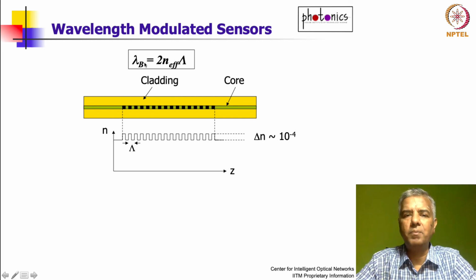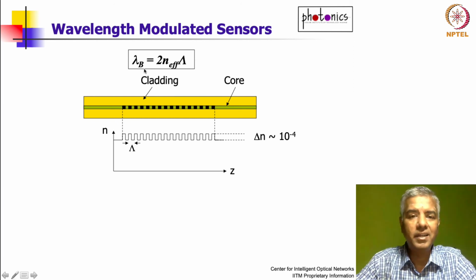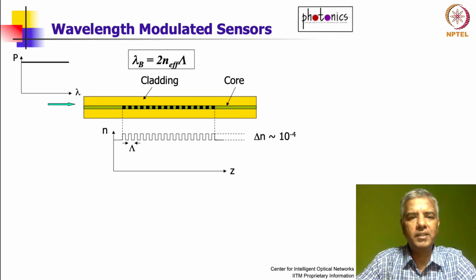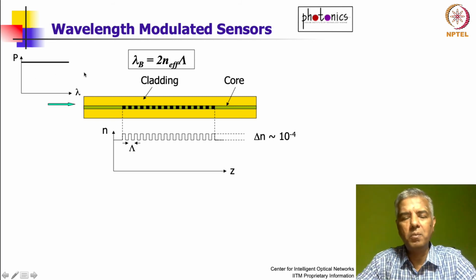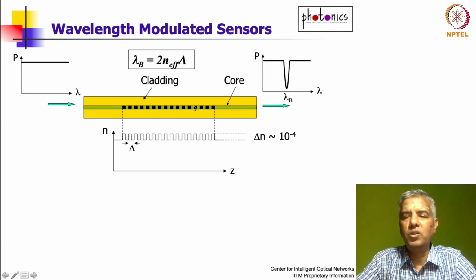Okay, and lambda b is given by 2 times n effective, which is the effective refractive index of the light that's propagating through this guide, multiplied by the period. So if you change the period, you can change the wavelength or the color at which it's reflected. So let's just see what exactly happens. You can put broadband light into this fiber Bragg grating, and then what you get at the output, you have one color missing.